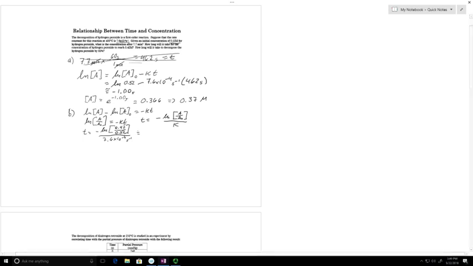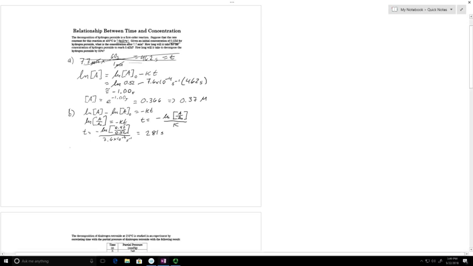If you do this out, it becomes 281 seconds, which is significantly less than our original 462. Makes sense, because it should take less time to reach 0.42 molar than it did to reach 0.37 molar.